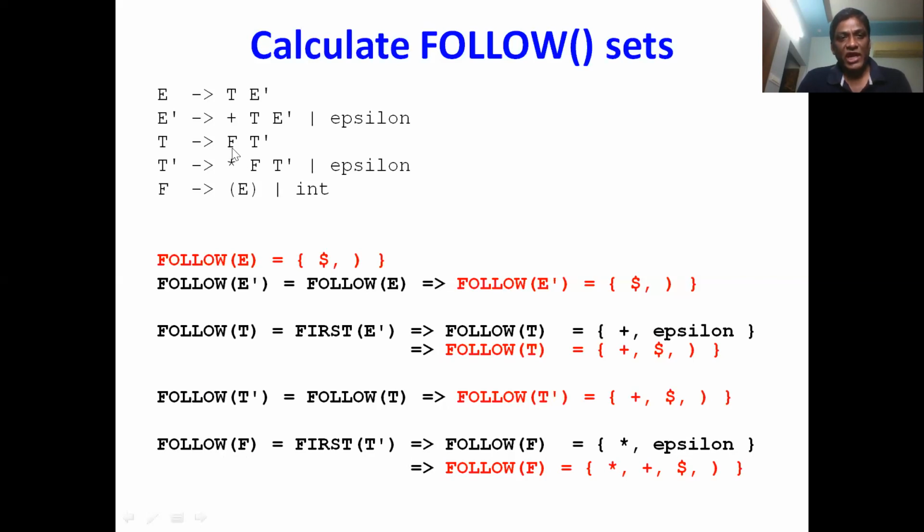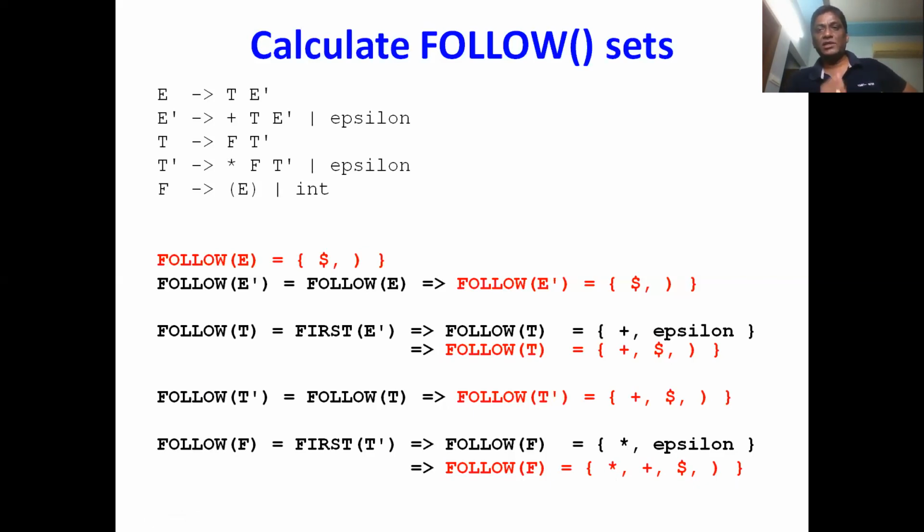Because you are calculating follow of F and it contains epsilon, you need to consider follow of T also. So epsilon is replaced by the follow of T. What is follow of T? Plus, dollar and closed parenthesis. So star comma, in place of epsilon we consider plus, dollar and closed parenthesis. So these are the follow sets.